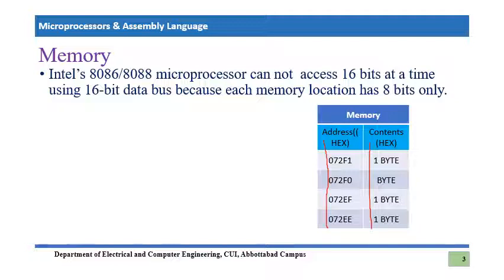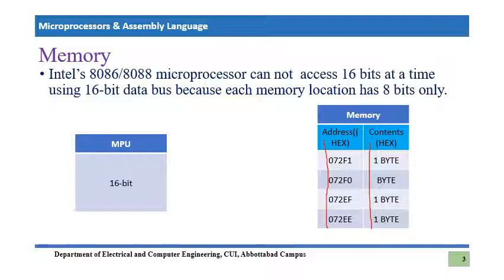This is the 16-bit processor which is about to access information from the stored memory shown here. What do you think? How many bytes of information will be accessed if the processor is trying to access a single location?